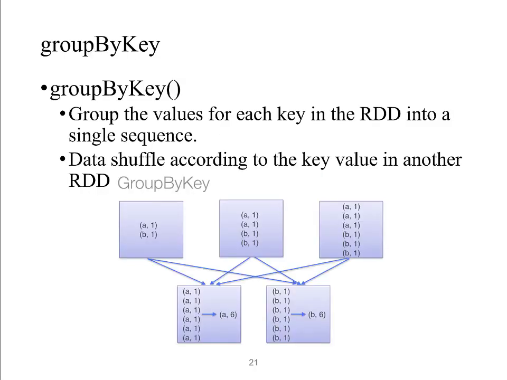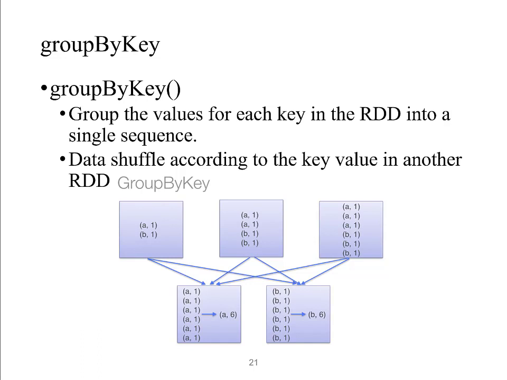Right. Since we have talked about reduce by key, it is worth mentioning group by key as well. So basically, group by key will group the values for each key in the RDD into a single sequence. But please pay attention that it causes a data shuffle according to the key.